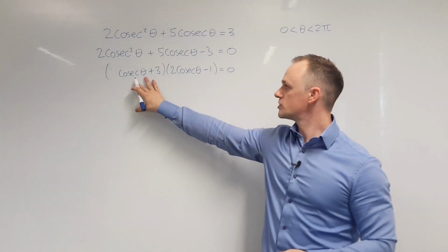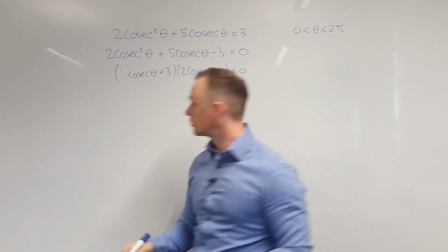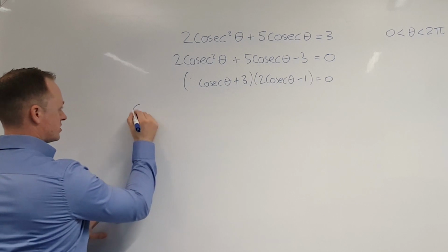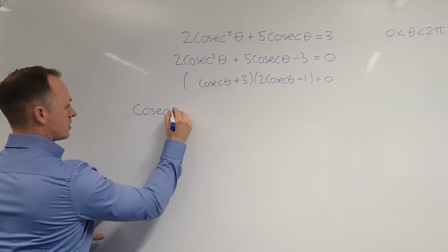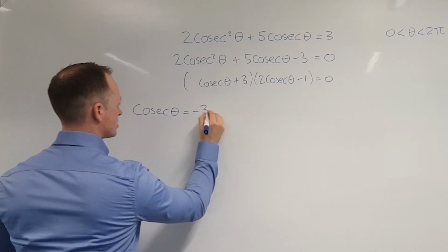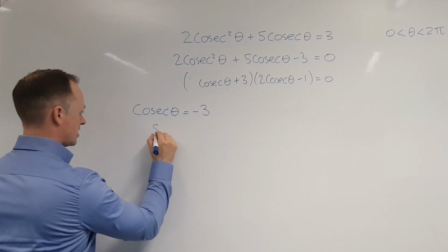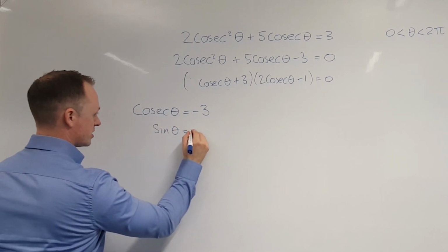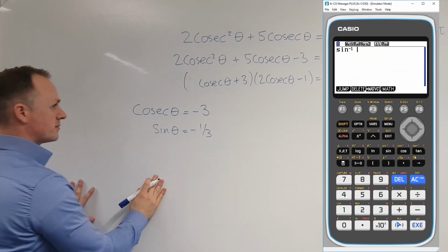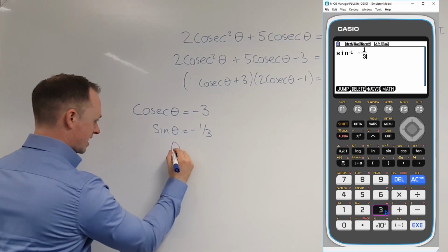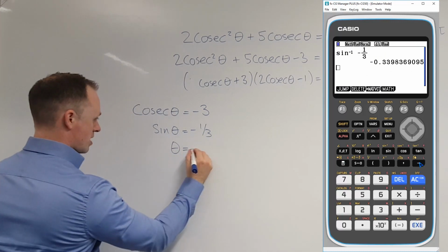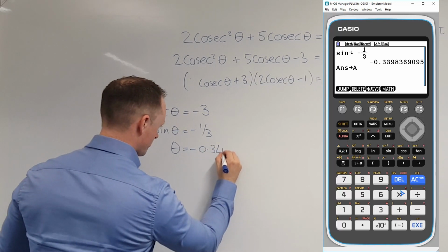Okay, we'll start off by solving cosec theta plus 3 equals 0. So that would give us cosec theta equals minus 3, which means that sine theta would equal negative 1/3. And if we do inverse sine of negative 1/3, we're going to get minus 0.34.